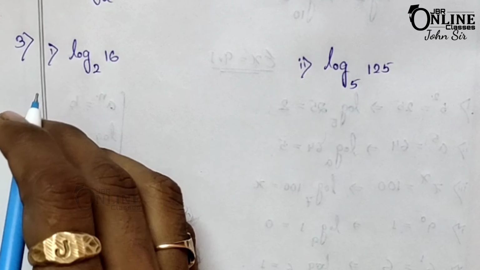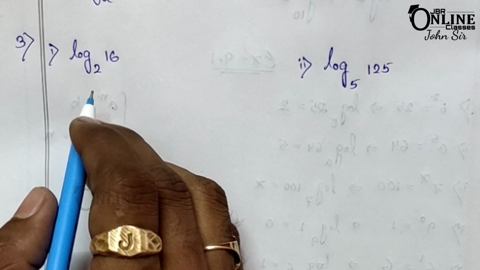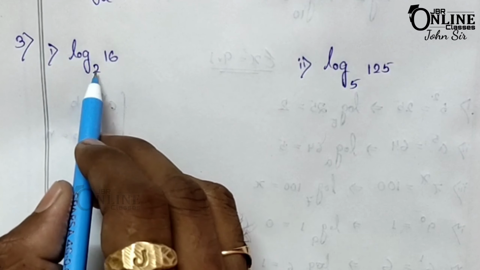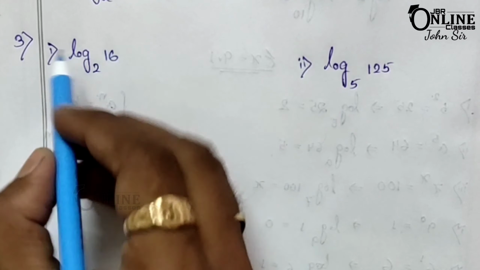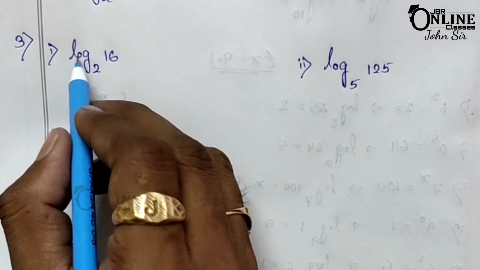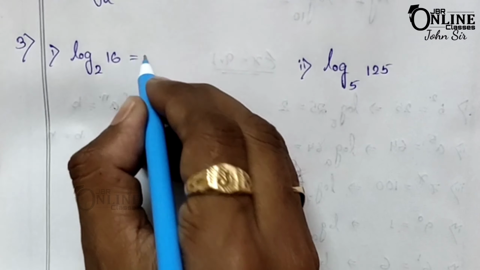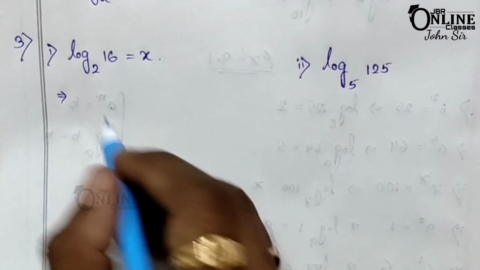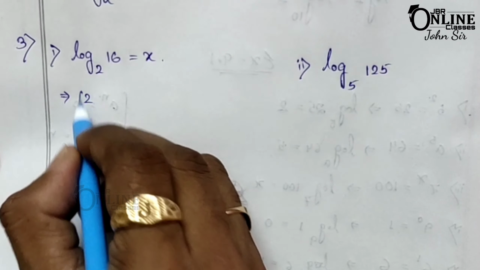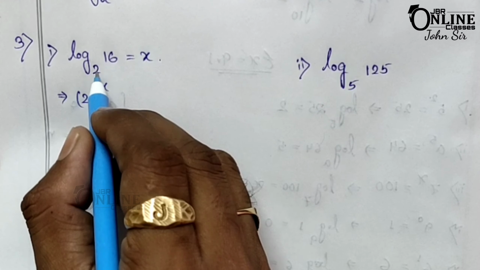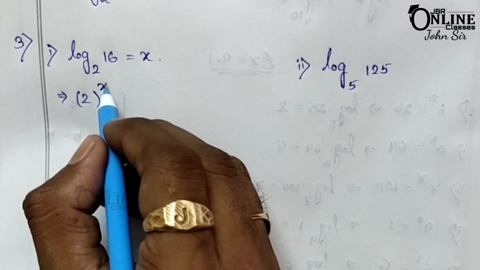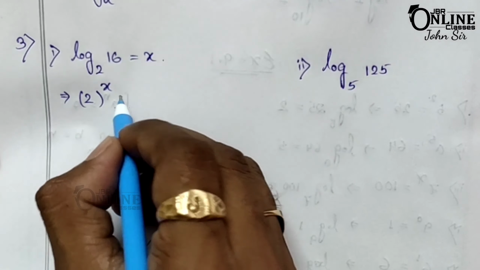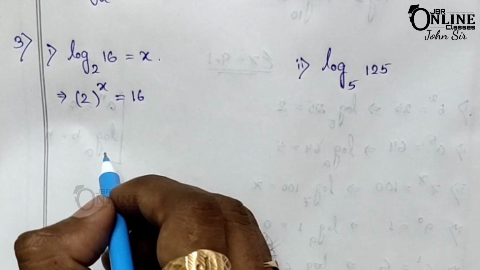Now sum number 3, by converting to the exponential form, find the values of log base 2 of 16. Okay, so in this case first log base 2 of 16, let this one equal to x, then by converting into exponential form it will be 2 to the power x, as this one a and this one n, that means 2 to the power x equal to 16.